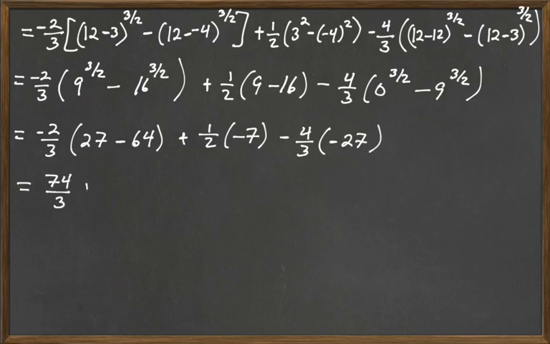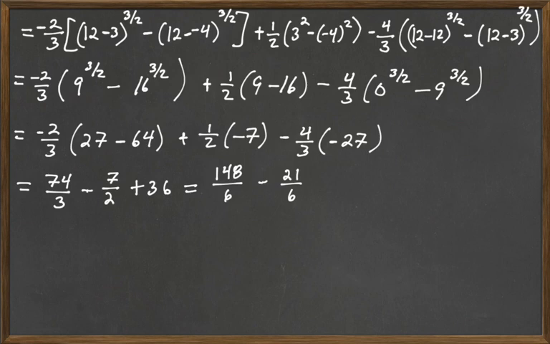So that's going to be 74 over 3 minus 7 over 2 plus 36. So common denominator here is 6. So 74 times 2 is 148 over 6. 21 over 6 is 7 over 2.